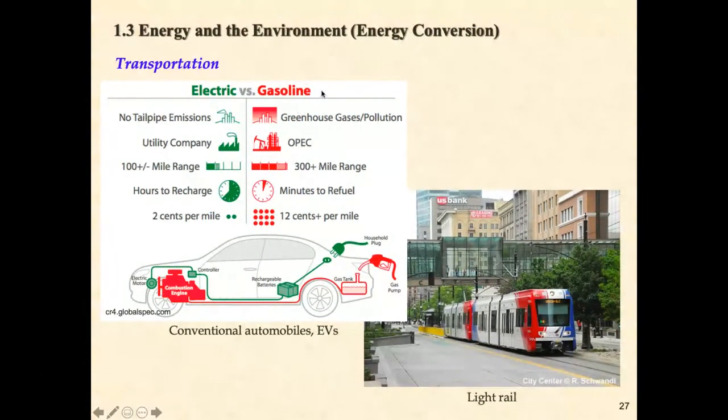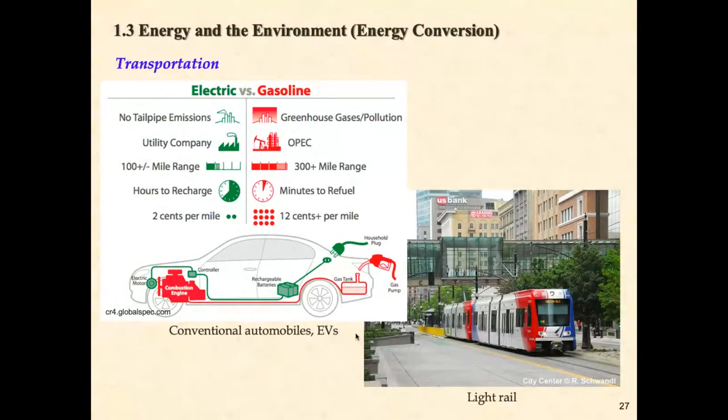Conventionally, we can just get gas from the gas station if we have conventional automobiles. But if we have EVs, we need charging stations. So we need the support of the government to build more stations or to reduce the tax, and so on.